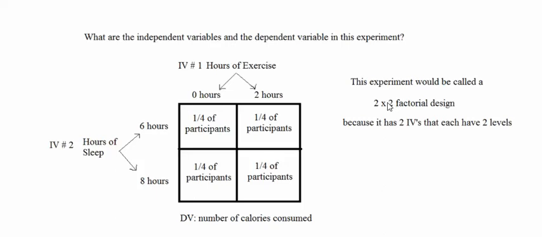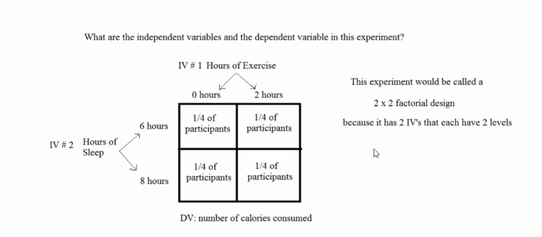Like I said, it's just the number of levels of independent variable 1 and the number of levels of independent variable 2. And when you multiply the 2 numbers, you get the number of conditions. So 2 times 2 equals 4, and obviously we have 4 conditions in here. So it's levels of IV1 times levels of IV2 equals number of conditions.